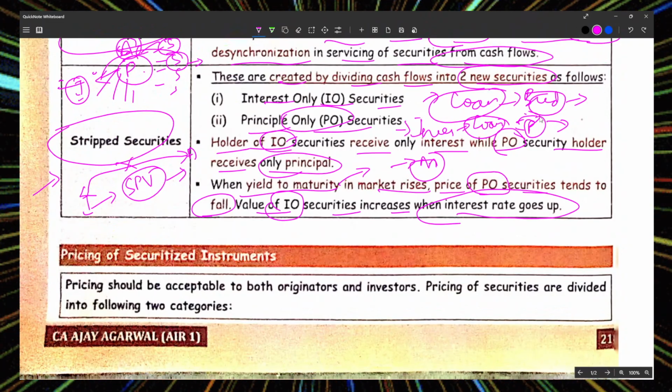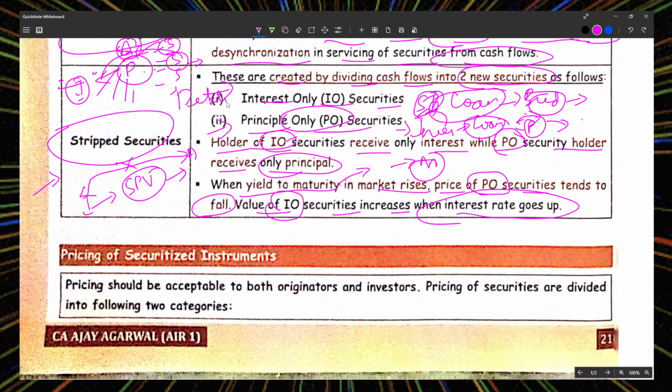How will they be the investor? They will become a shareholder. Principal only securities are usually like a shareholder thing, and interest only securities are like a debenture thing. So this is a common way to see the difference between interest only security and principal only security.